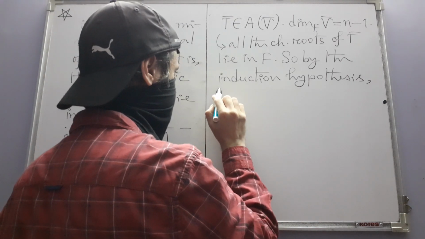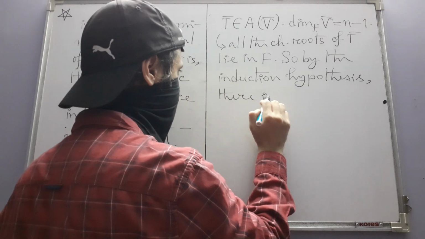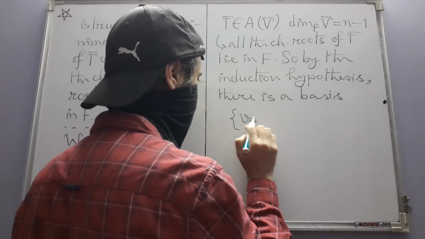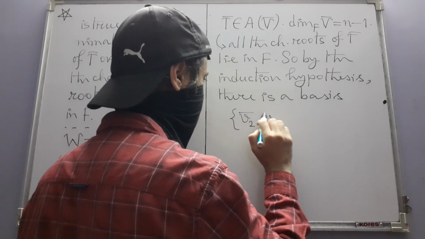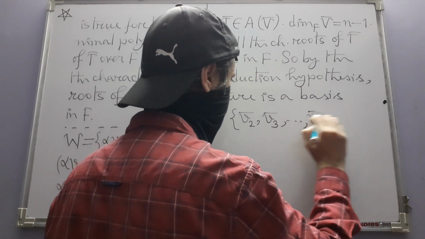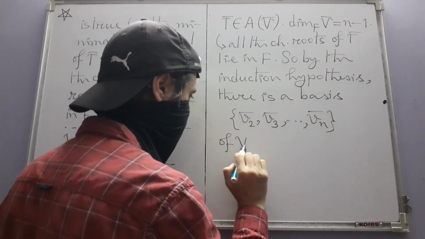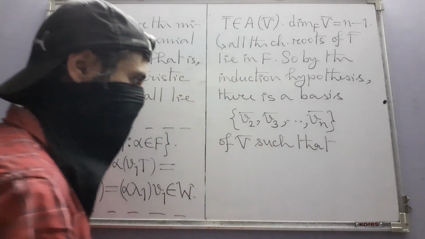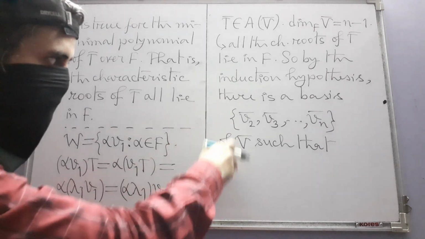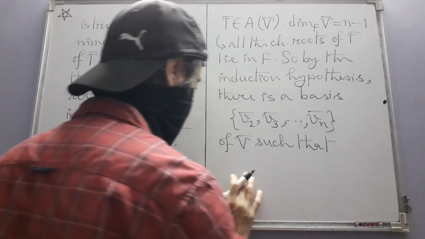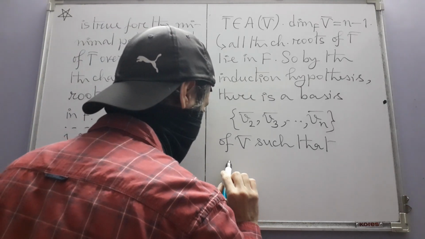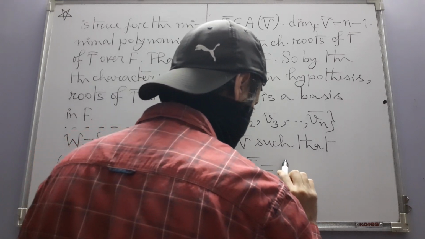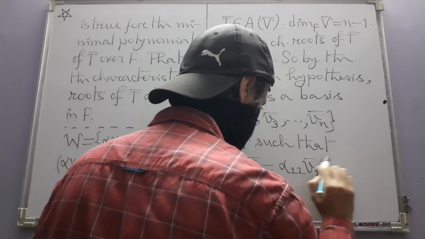So by the induction hypothesis, there is a basis of V bar such that, let me write the equations first and then we will discuss this part, V2 bar T bar is equal to alpha 22 V2 bar.